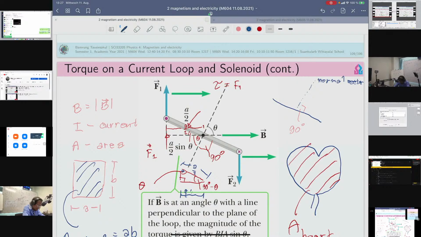You can see that the torque is reduced, the torque decreases by the factor sine theta, and F1 and F2 will be summed, because a is the same and sine theta is the same. The object made of copper doesn't bend, it's a rigid object, so theta is the same.